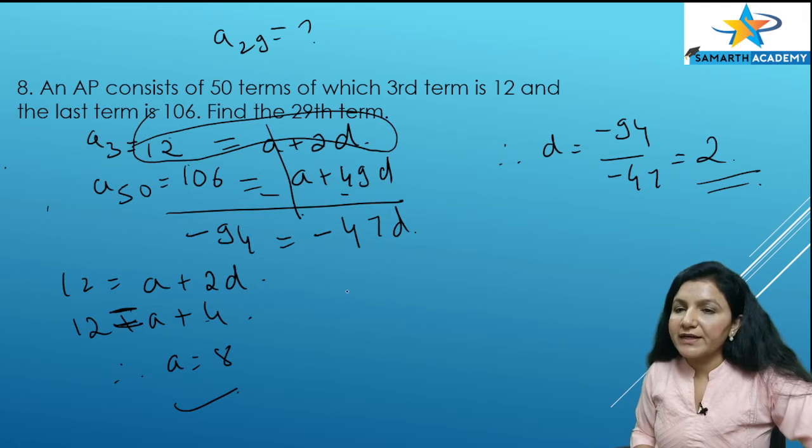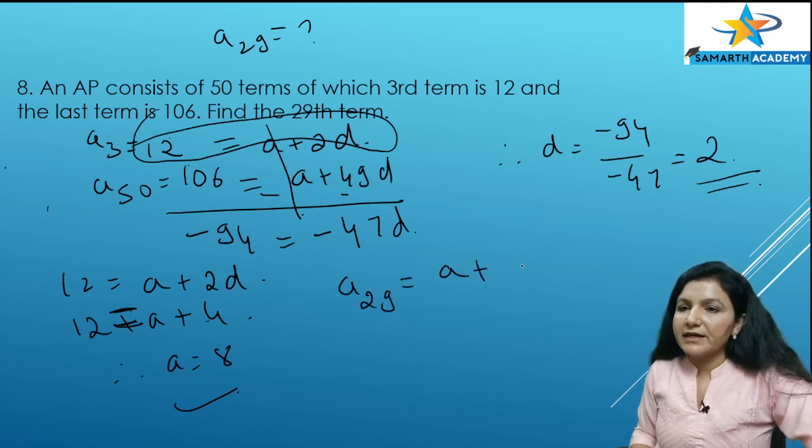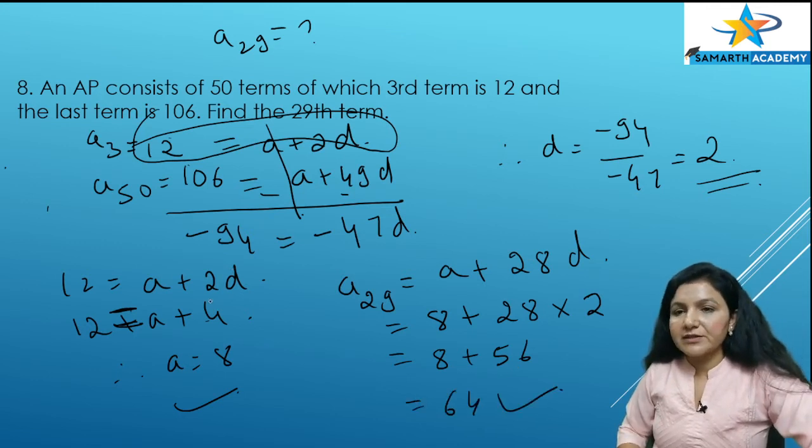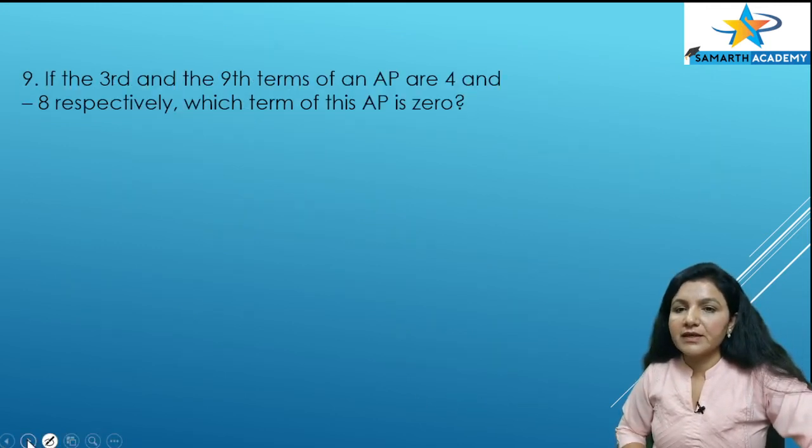Now, he is asking for the 29th term. So, A29 is equal to A plus 28D. 8 plus 28 into 2, that is 56. 56 plus 8 is 64. Therefore, the 29th term is 64.